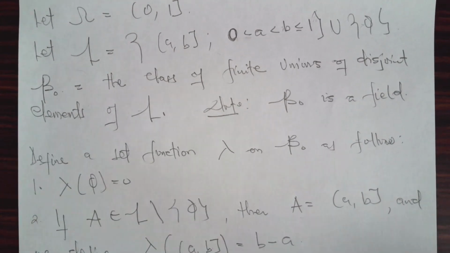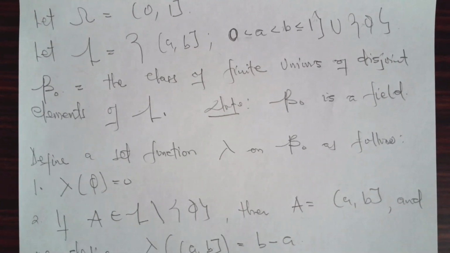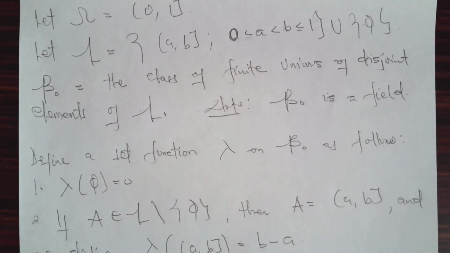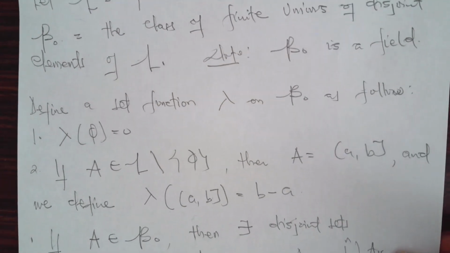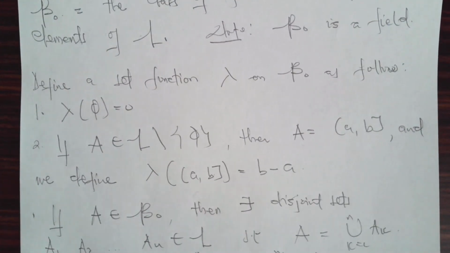The Lebesgue measure on this kind of interval is the difference between the points, that is b minus a. So when you define the Lebesgue measure on an interval, it is the difference between them, that is b minus a.